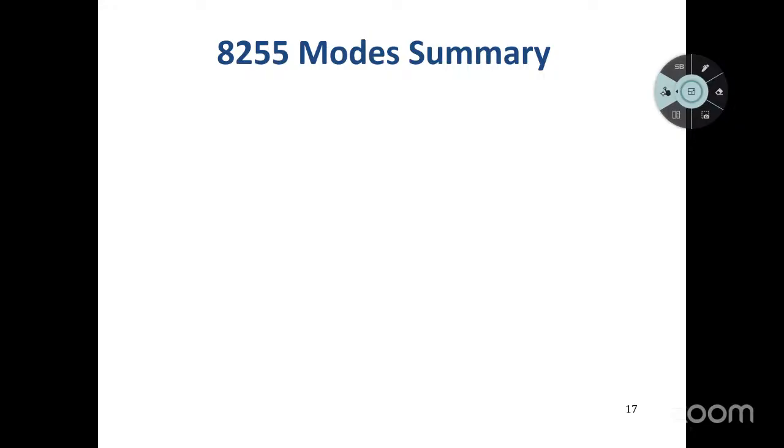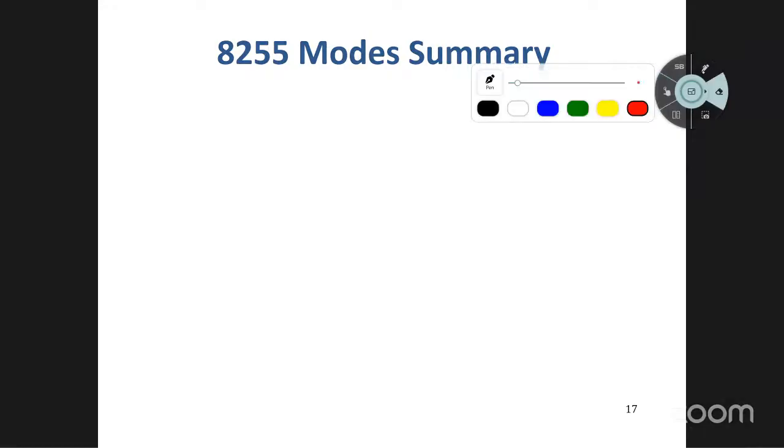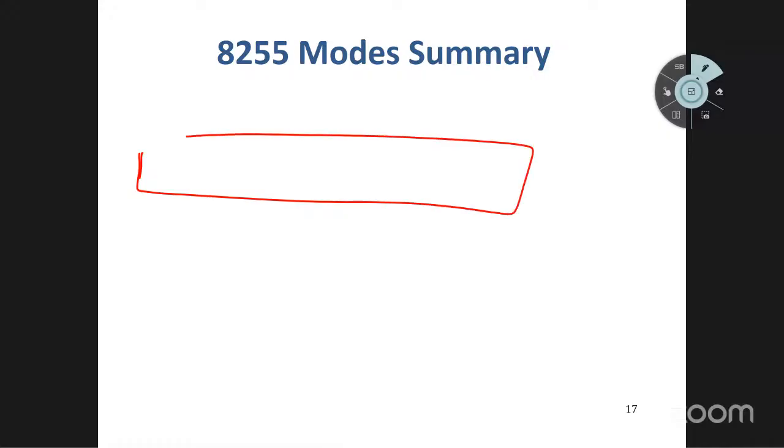Example. This is the control word register. This is D0 through D7.